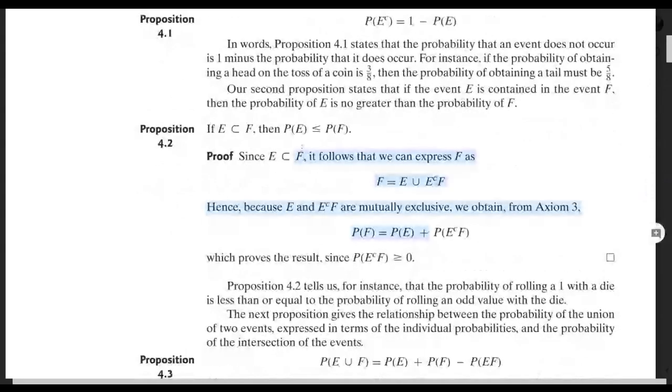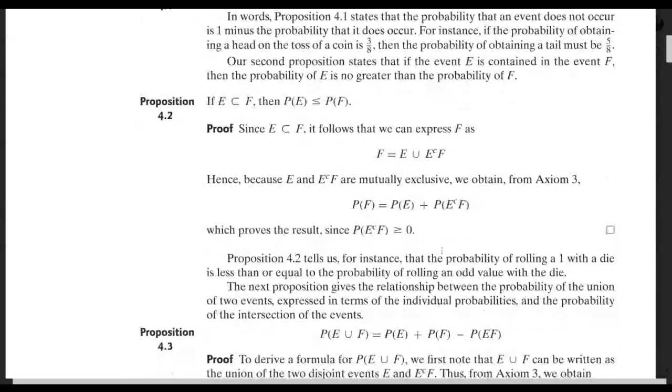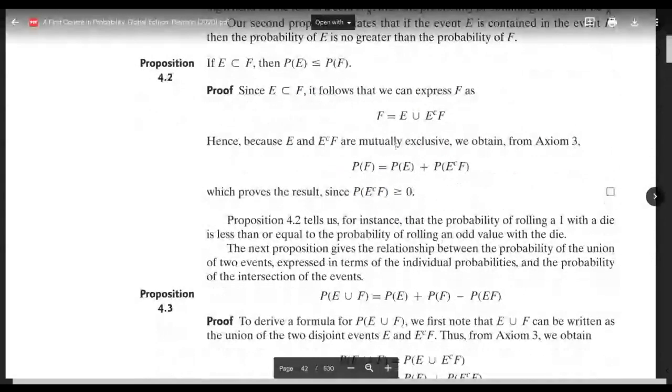Well, if we want to go through the proof, that's the proof. And then we use E complement F to mean intersection. So this is the complement of E intersect with F, with event F. Or maybe let's go over this proof.